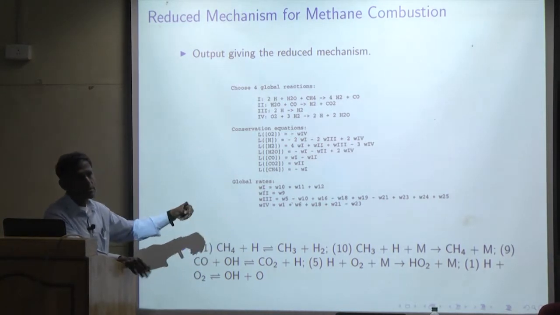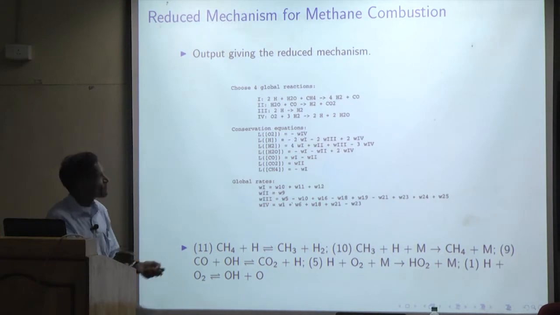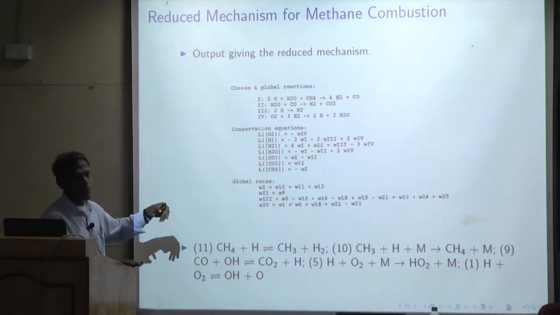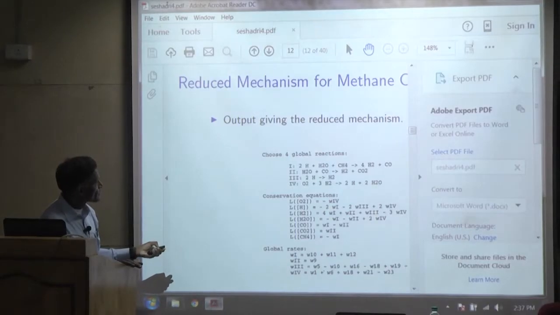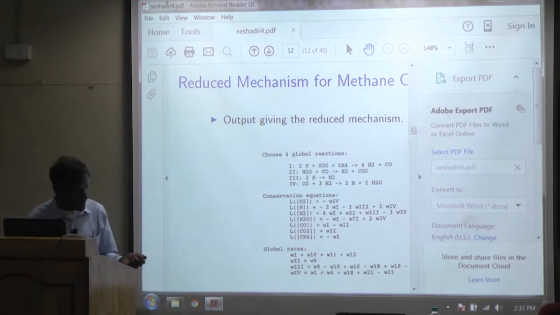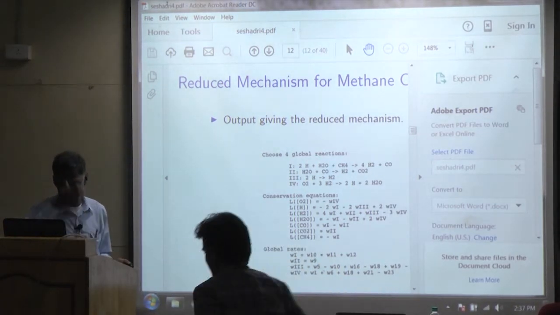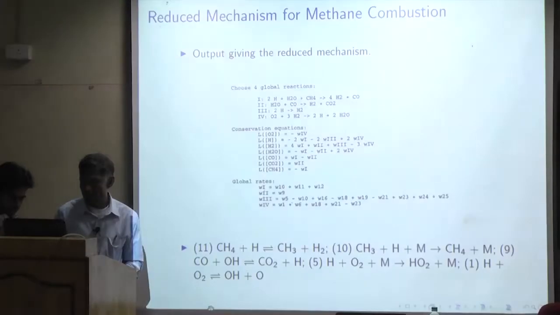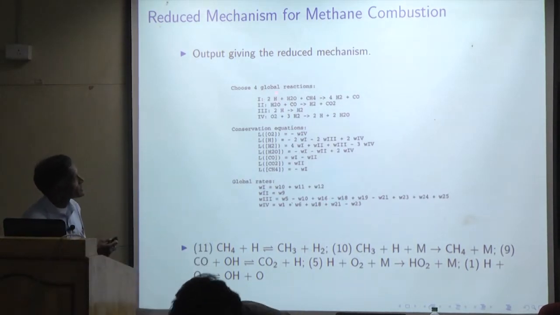So the idea is always, you have to make a decision how approximate you want your system to be. If you're happy with this, fine. If you're not happy with this, if you want more accuracy, you go back and add it.